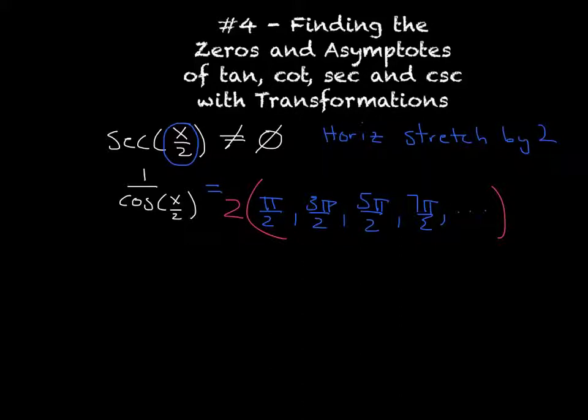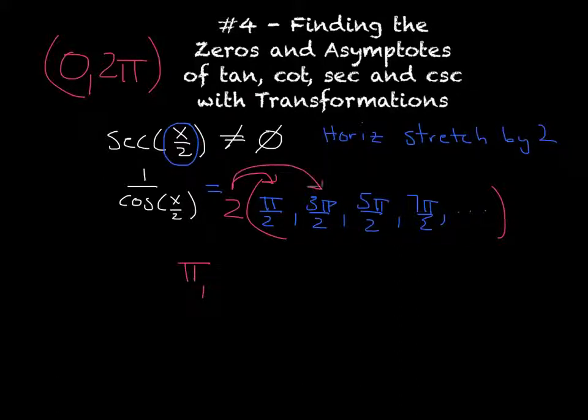Now these you like because you're only going from 0 to 2 pi. And so notice we're not going to have as many solutions this time. You're going to distribute the 2 in there. That's going to give you pi. Then you're going to distribute the 2 in here. That's going to give you 3 pi. And you're done, because 3 pi is bigger than 2 pi.